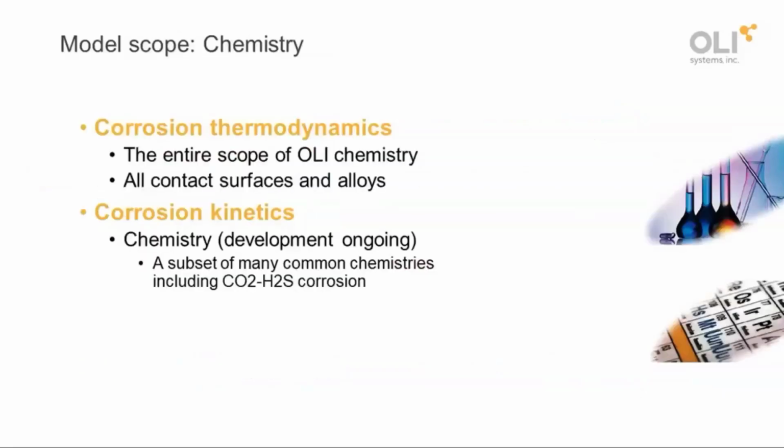The thermodynamics of corrosion cover our entire chemistry and all of the alloys and surfaces that we have in the database. We're always developing new tools and new capabilities inside of the software. As we add chemistry and alloys, it only gets better in terms of what we're able to model.